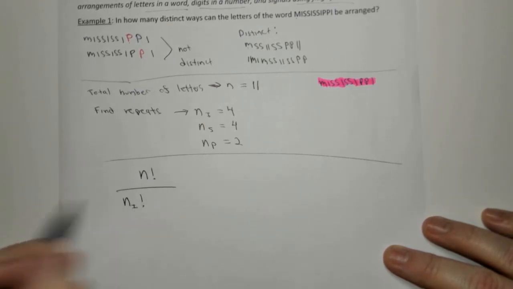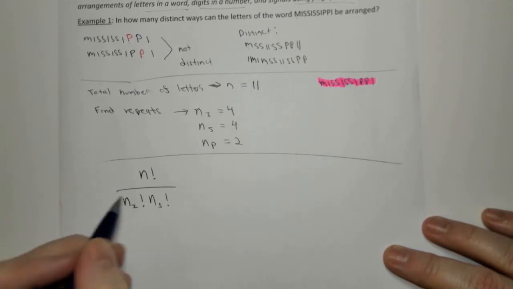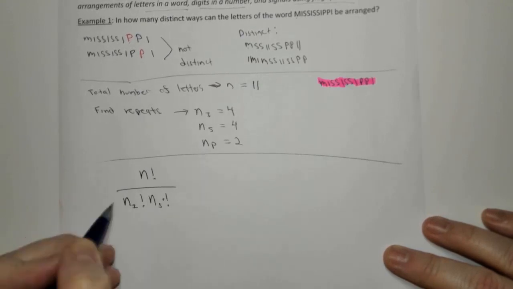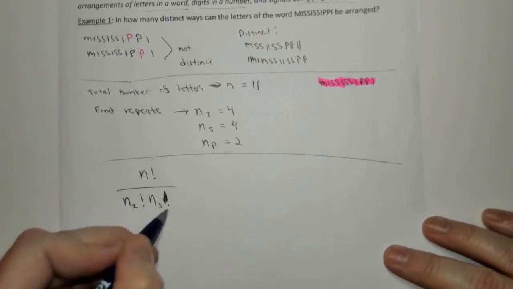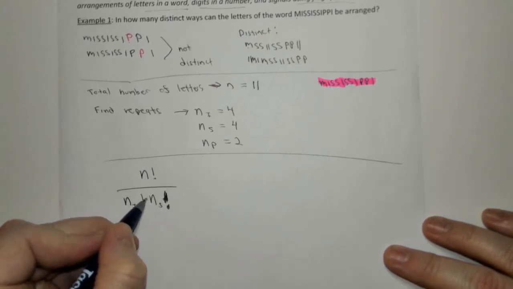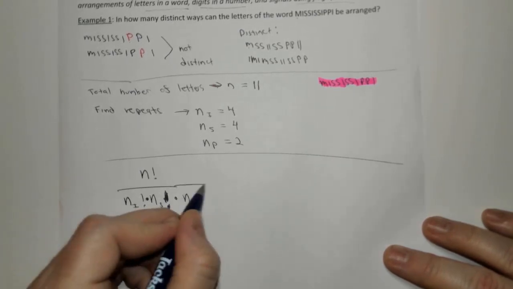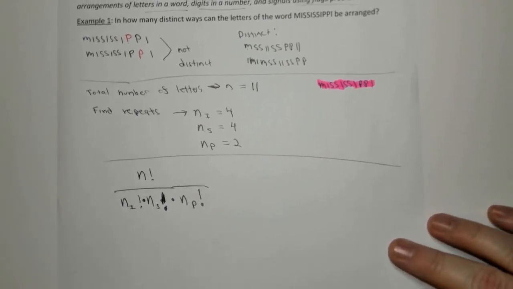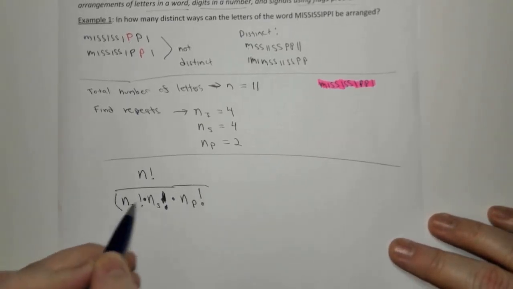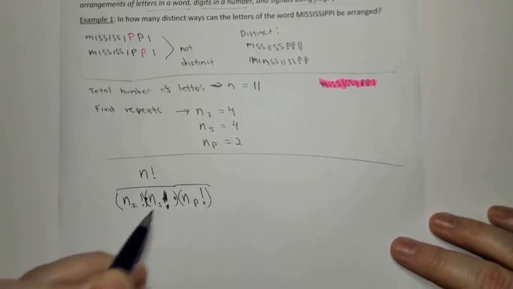Don't worry if you don't like all the subscripts. You can just look at this and then write it down. This is multiplication. We're going to multiply these together: the number of I's factorial, the number of S's factorial, and the number of P's factorial.